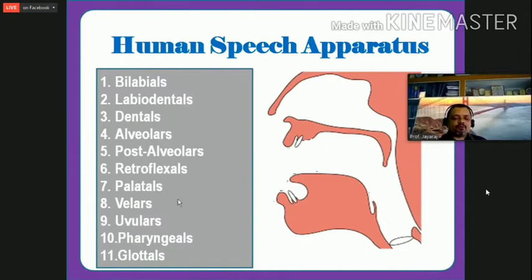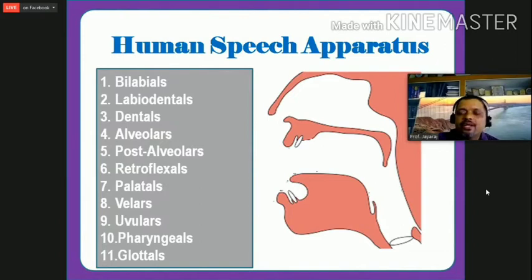So we have the palatal region, where the hard palate is involved, and the velar region at the back of the tongue, and you have the uvula. I will demonstrate these three places by taking k. In Arabic, and not only in Arabic but in Semitic languages, you have three different kinds of k.